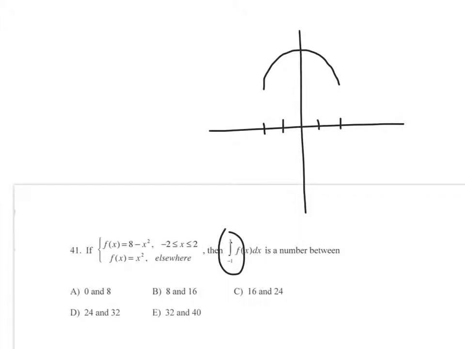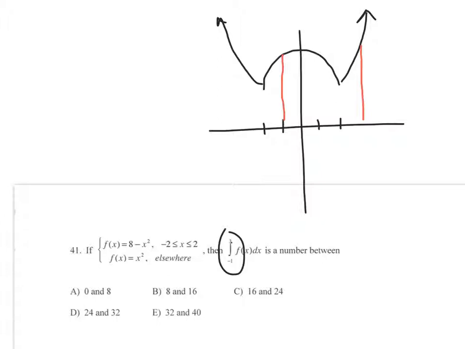And then you have right side up, just x squared parabola elsewhere. So you're looking from that, and we want the area under the curve from -1 to 3.